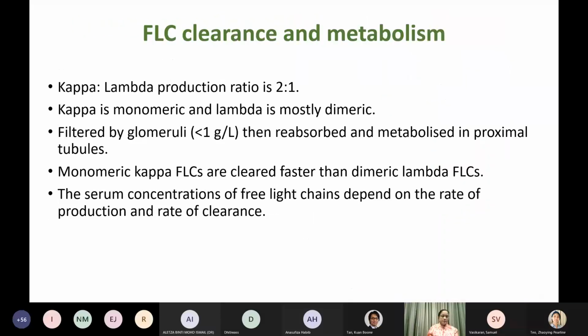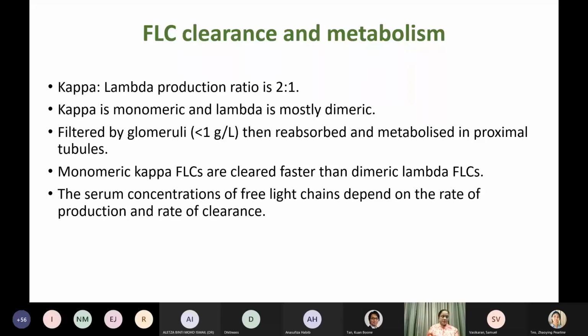During production, the kappa to lambda ratio is roughly 2:1. Kappa is normally monomeric and lambda is mostly dimeric. However, higher polymeric forms of both free light chains may occur in certain situations.